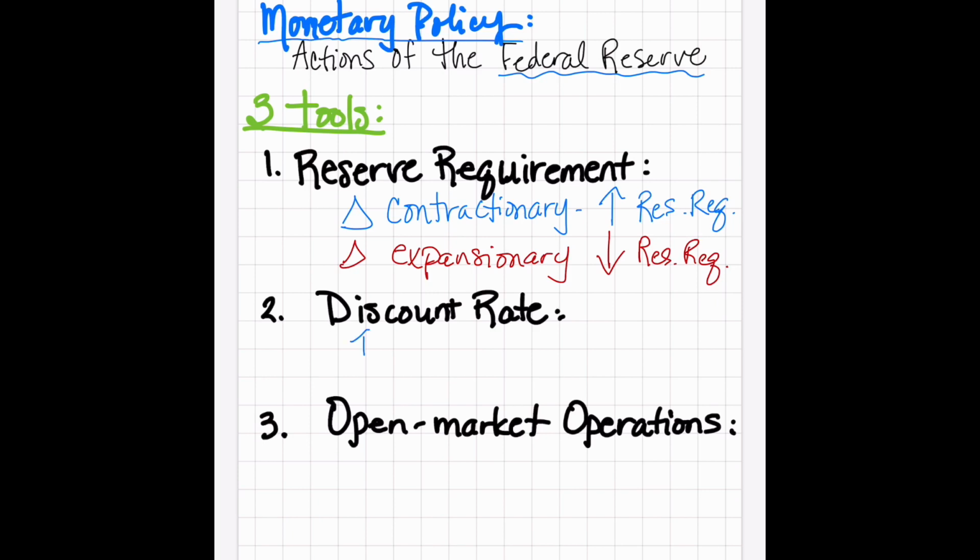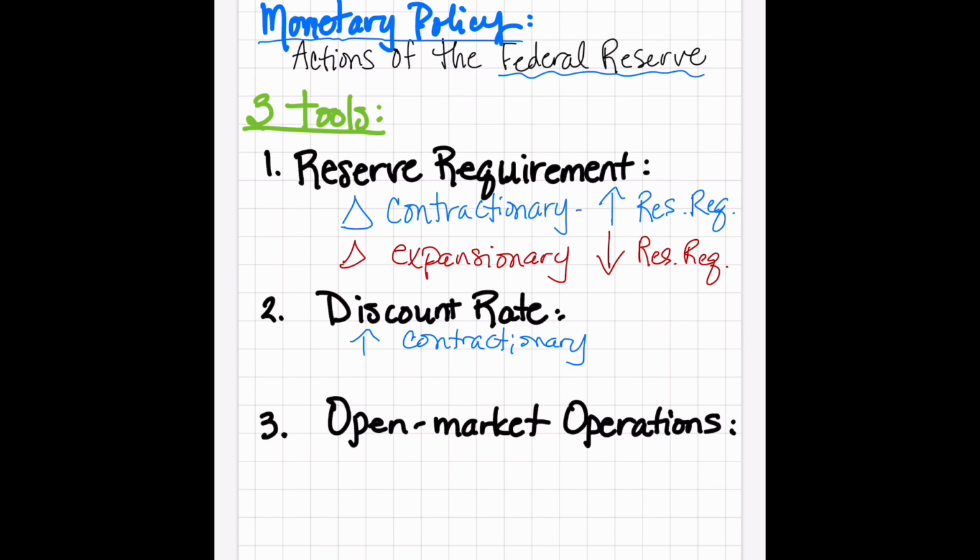So the discount rate, if they want to expand the economy, well, let's do contractionary first. They could raise it for a contractionary policy. An increase in the discount rate would make it more expensive for member banks to borrow, would discourage that borrowing, leaving less money in the banks themselves to create loans, therefore contracting the money supply.